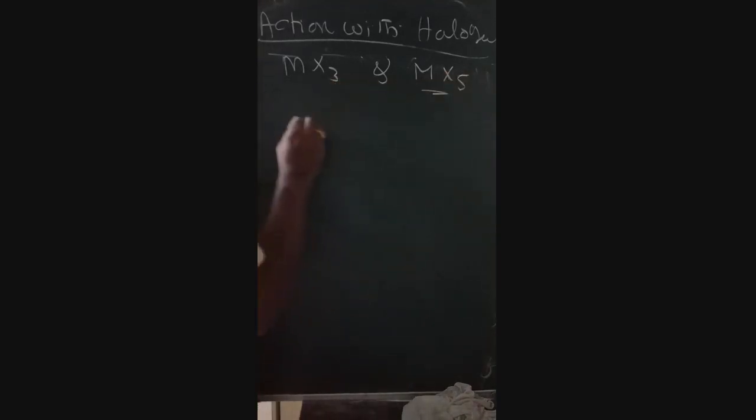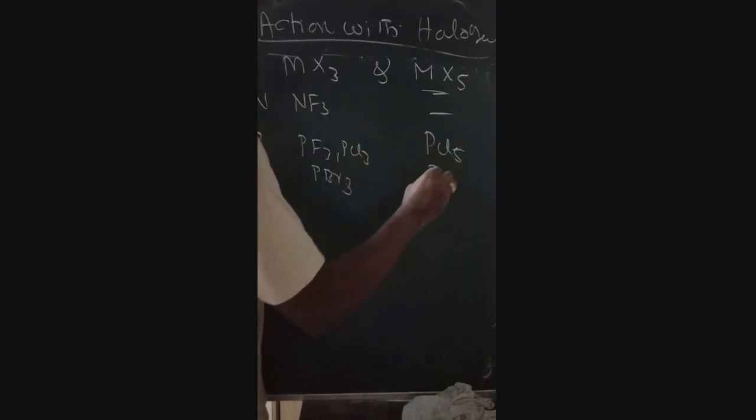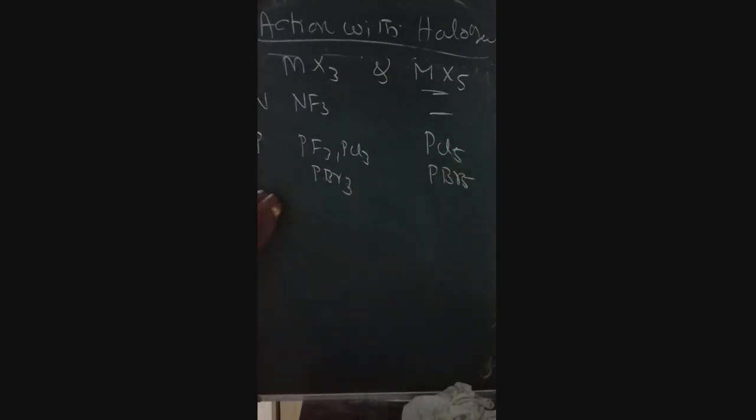Already, children, you know nitrogen forms only MX3 halides, like NF3. Phosphorus forms PF3, PCl3, PBr3, and it also forms PCl5, PBr5. Arsenic, antimony, bismuth all form trihalides: AsCl3, SbCl3, BiCl3.